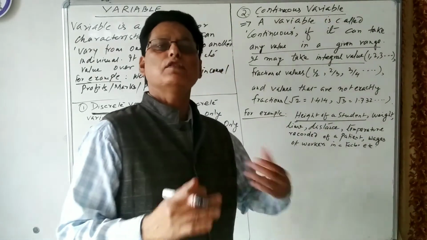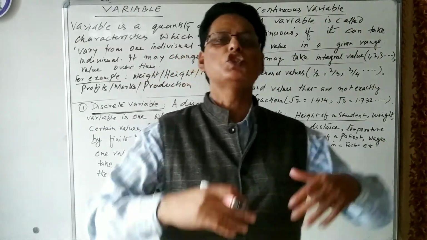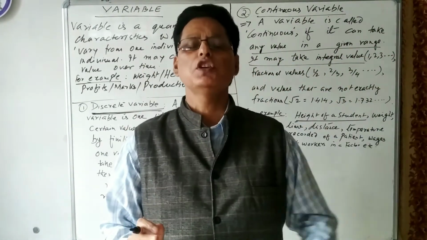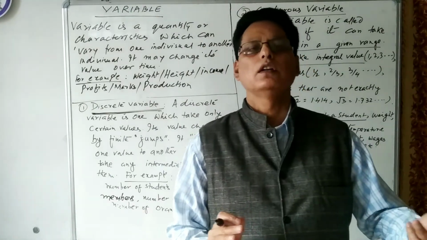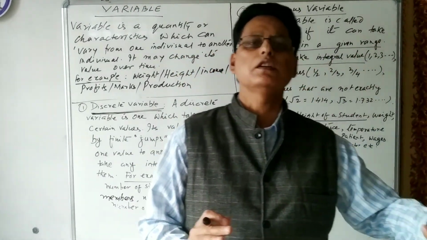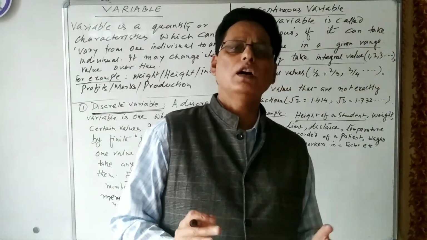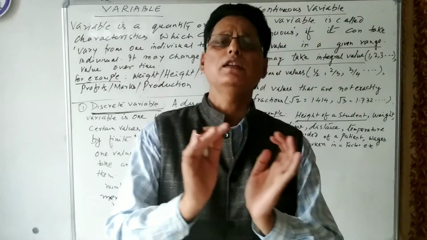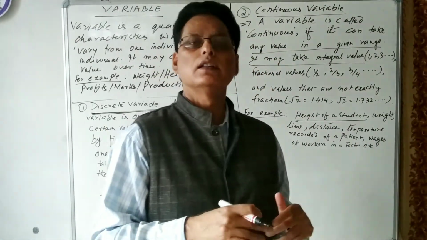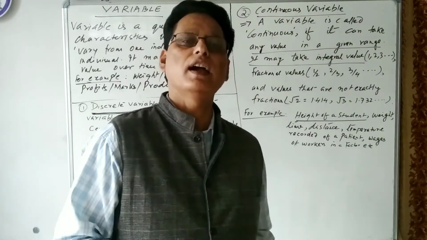Let us see, the height of a student changes. It may be about 90 centimeter, then 90.1 centimeter, 92 centimeter, then we can say 120 centimeter, 130 centimeter, 150 centimeter, or 49.25 centimeter. It means these numbers can take any value.